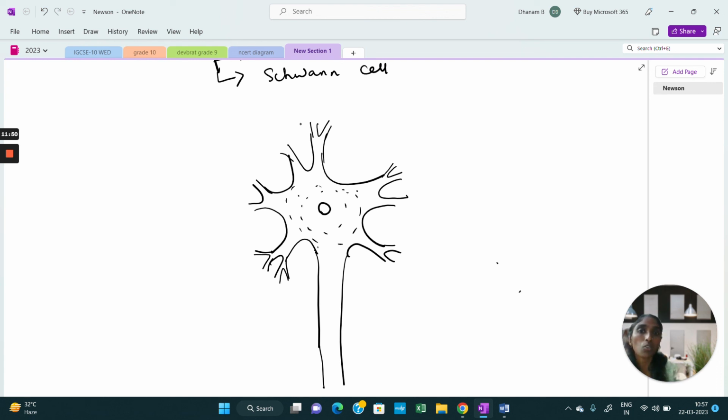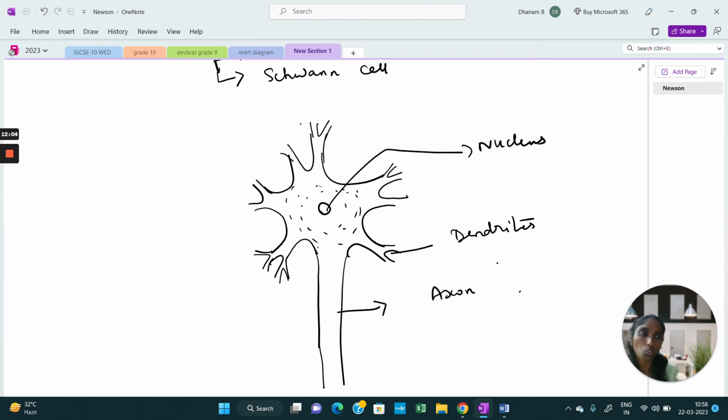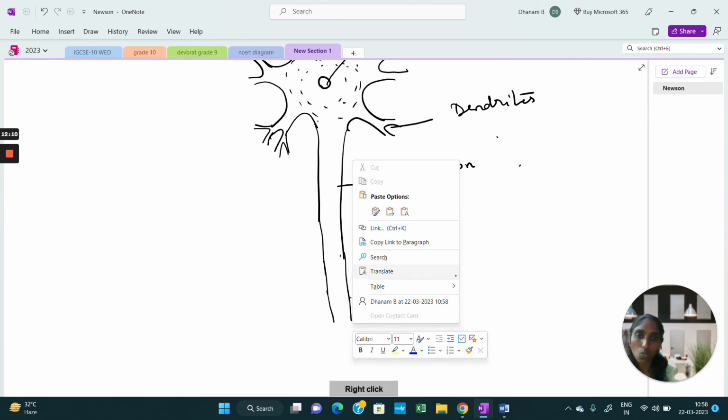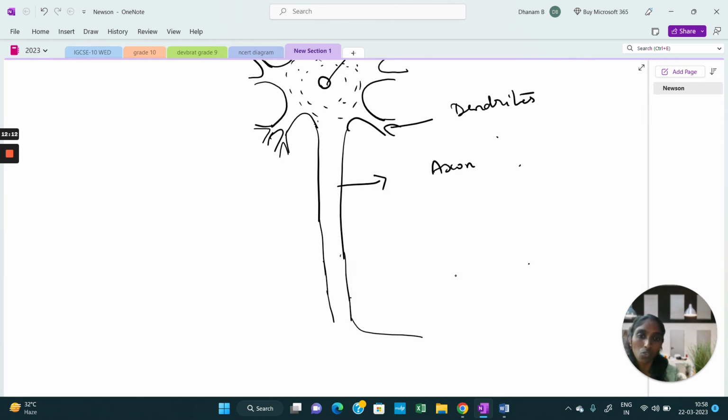In the cell body, what is present? In the center, the nucleus is present. And this is called dendrites. And this region is called axon. I just want to finish this explanation as soon as possible, because I want to convey information that is very useful to the students who are going to learn it now.